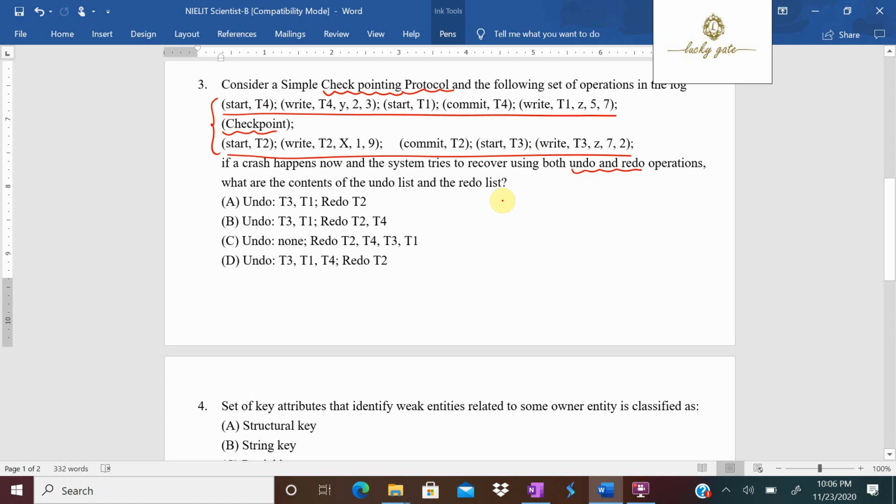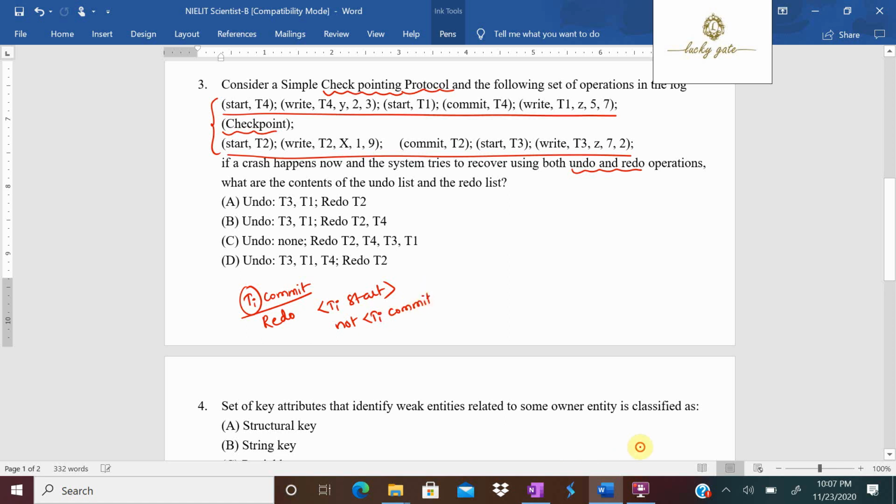Look at how to check for the undo and redo lists. We have to scan the log backwards. Wherever we see a transaction Ti commit, that particular transaction Ti should be added into the redo list. If while scanning backwards I find a log record Ti start but not Ti commit, what does it mean?